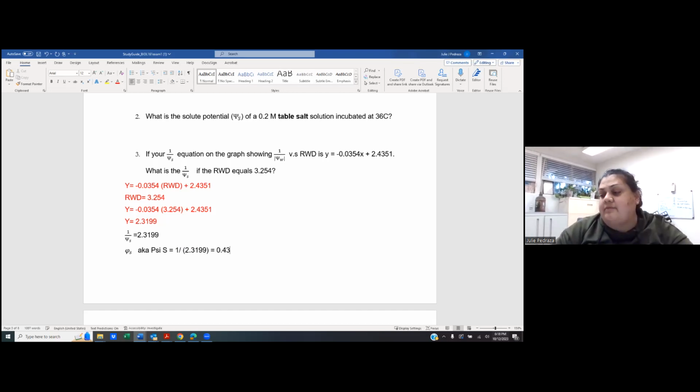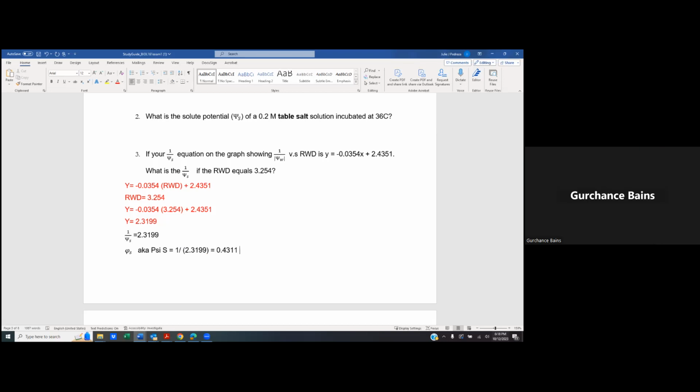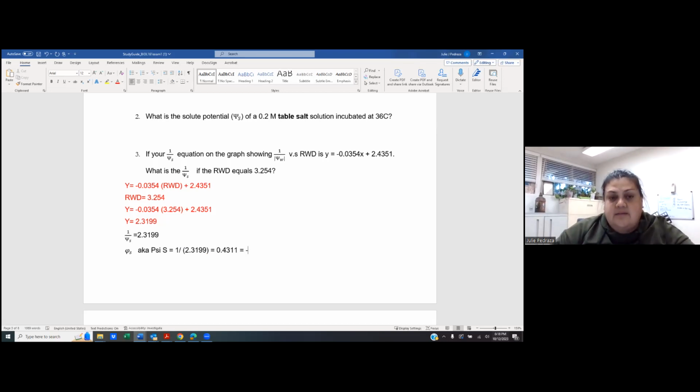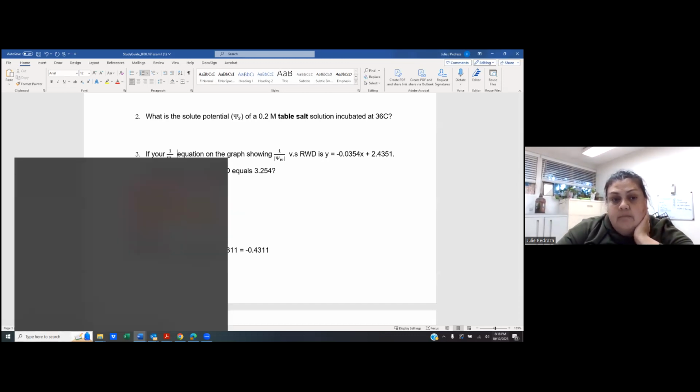Okay, what else do we have to do when we get this? We took it out of the inverse. Switch to negative, because that's going to be a negative number. Exactly, because psi s is negative, the answer would be negative 0.4311. So you see how the question wasn't asking that, but it could ask that. And so you need to take it a step further if that's what it's asking for. Okay, good job.